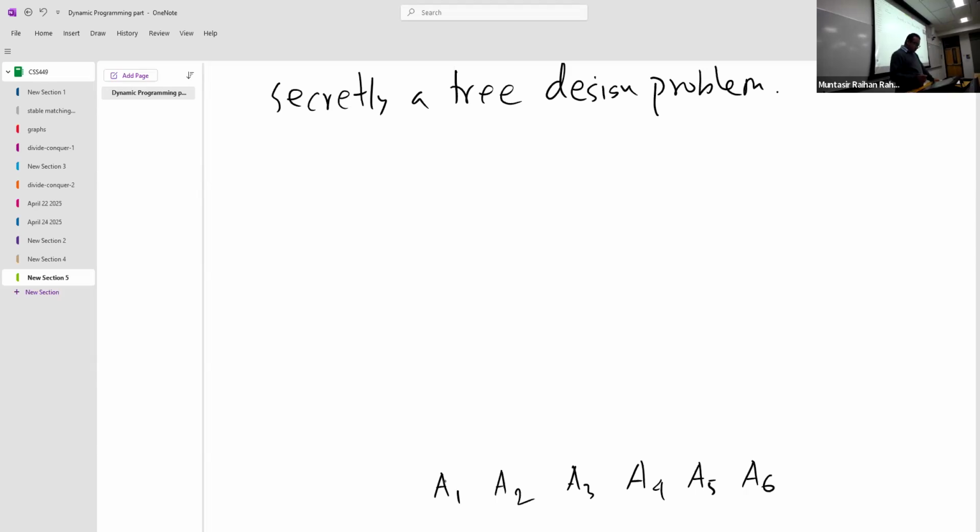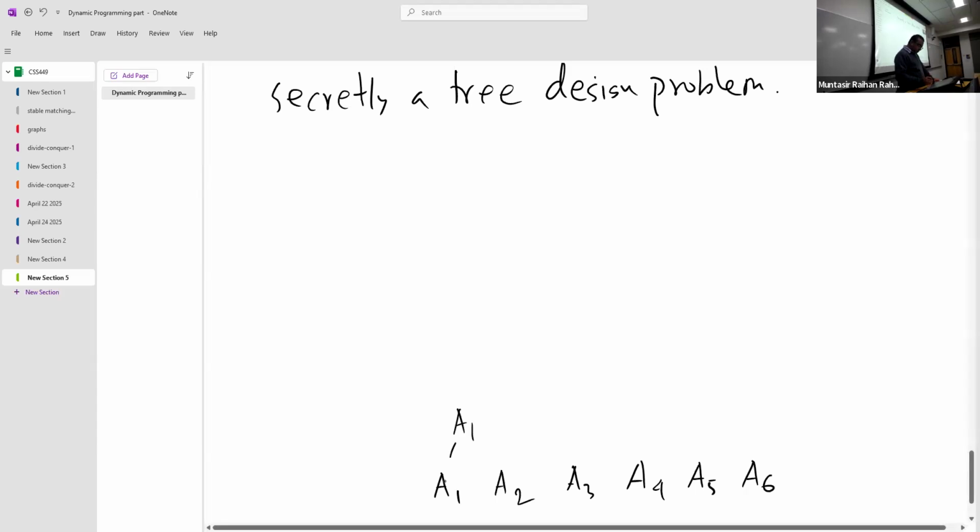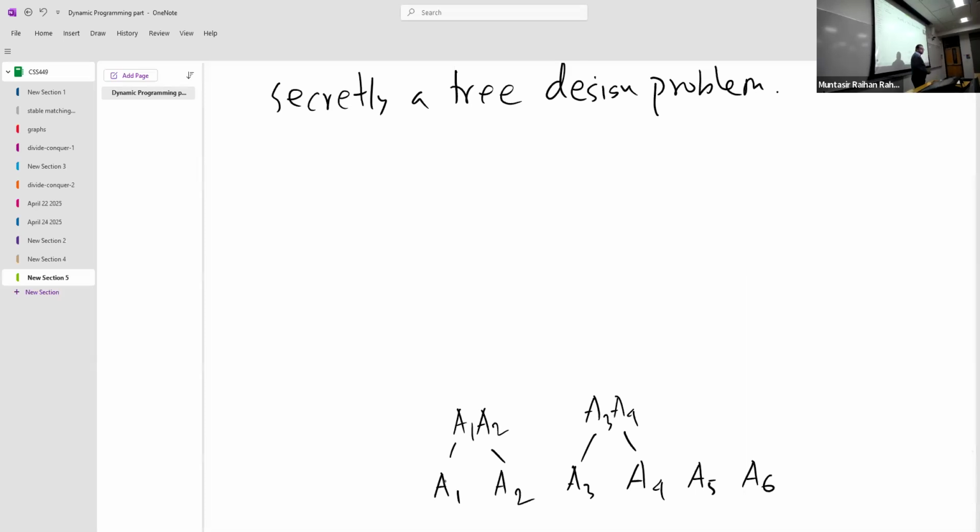It's perfectly fine if I say that I'm going to first multiply A1 and A2, and then I get this matrix. And then I can say the next multiplication is going to be A3 and A4. So you can think that as I'm multiplying these matrices, I'm getting rid of these, and I'm just using these as the next things to multiply. And then what can I do next?